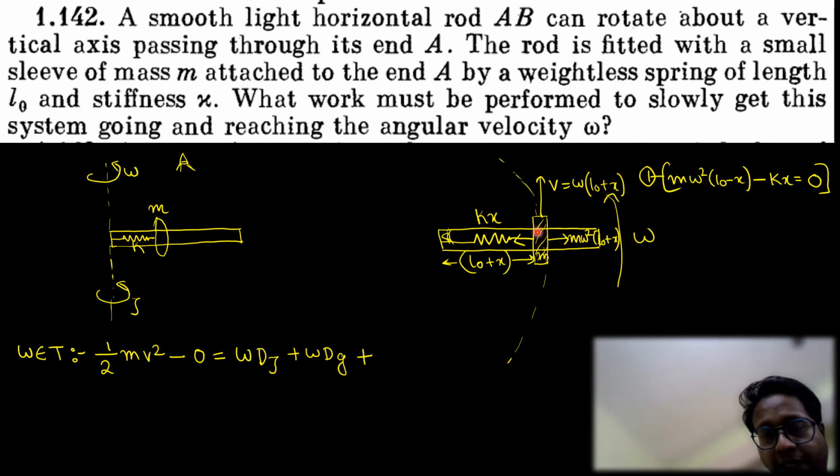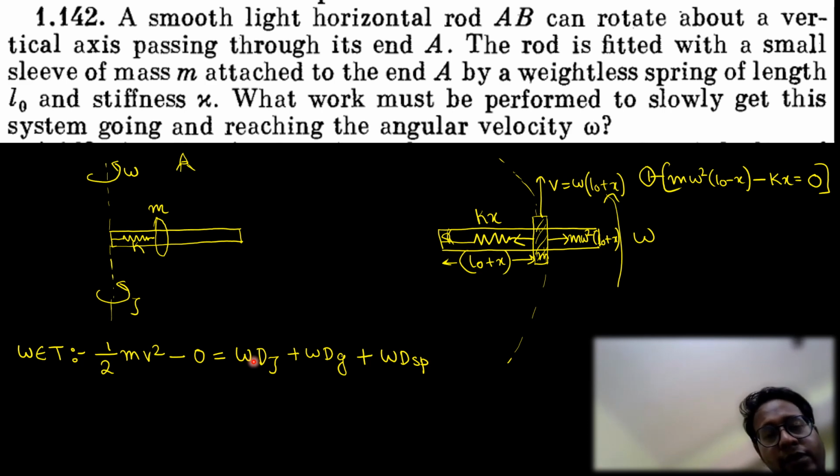We'll analyze the ring from the outside frame of reference. What is the work done by the spring force? Plus, when you're taking work done by torque, I'm analyzing it from the outside frame of reference. And in the outside frame of reference, does this centrifugal force exist? No, the centrifugal force is a pseudo force when I change my frame of reference to the rotating frame.